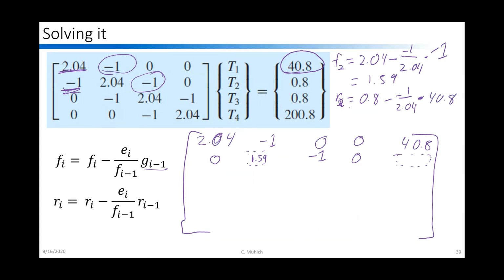When I multiply all this out, we end up getting 20.8. So we can put that number in, 20.8 here.